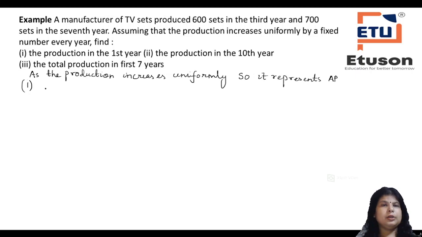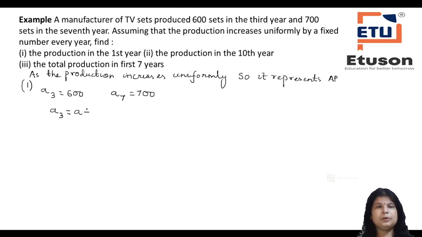Now according to the question, A3 for the third year is equal to 600 and A7 is equal to 700. Now what is A3? According to the formula, A3 is equal to a plus 2d, that is equal to 600, and A7 is equal to a plus 6d, that is equal to 700.